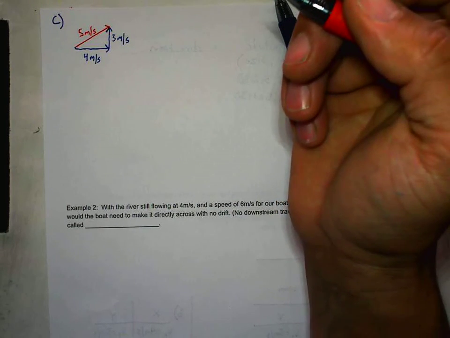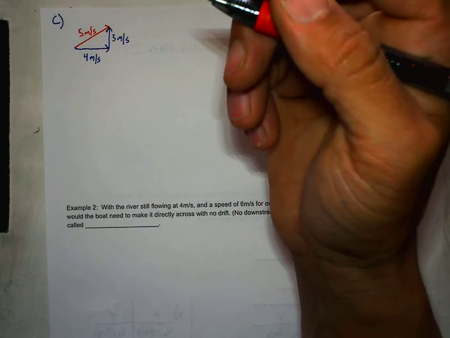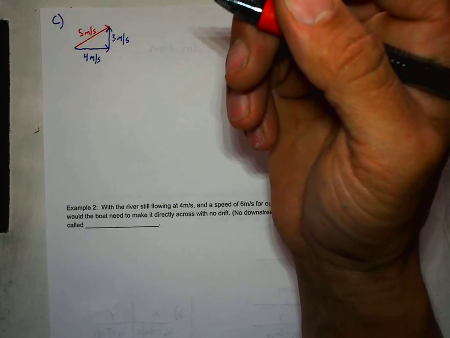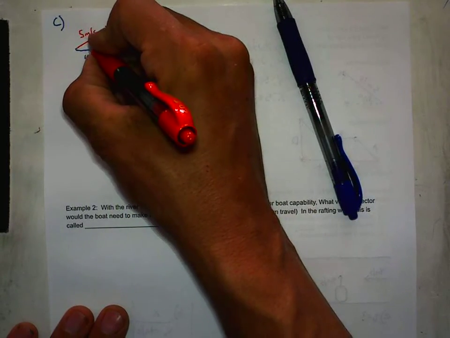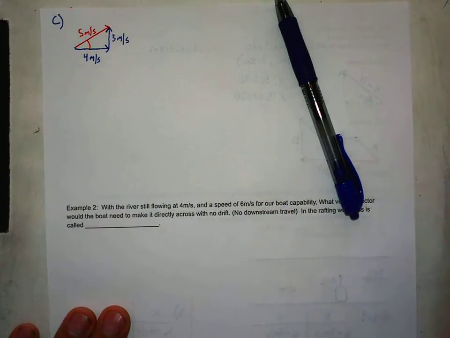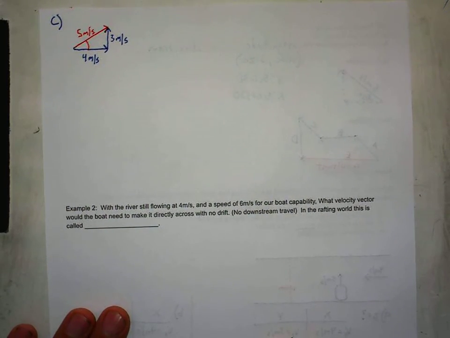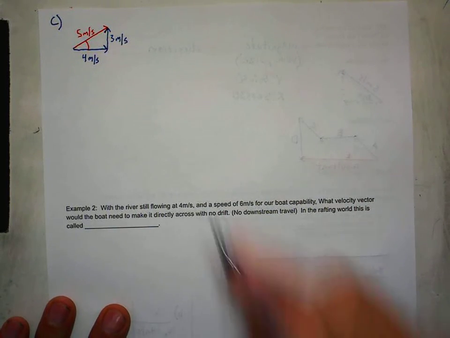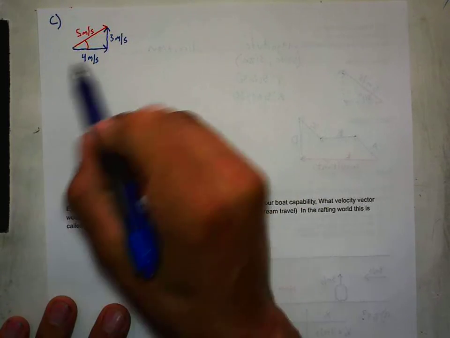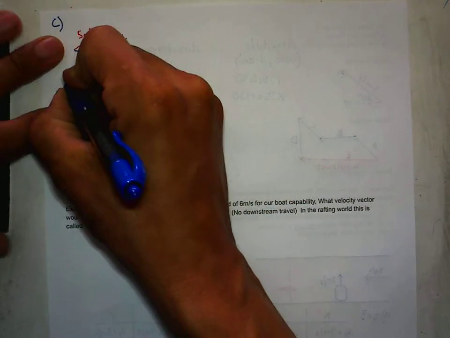However, we also need an angle because vectors are magnitude and direction. So we need to solve for this angle theta here. You can just pick your favorite trig function. I always use tangent because if I mess this up, I still get the angle right, because I've got these two things. So tangent is TOA.